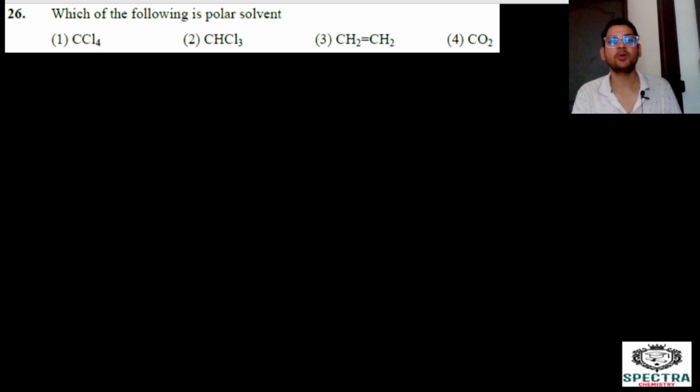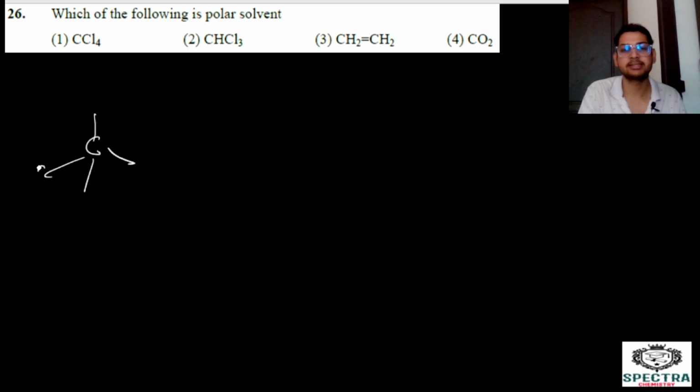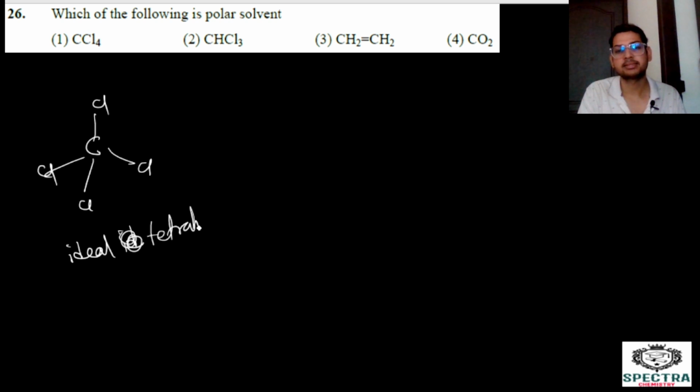Okay sir, then this question is very easy. CCl4 looks like this. It is ideal tetrahedral. Sir, if it is ideal tetrahedral sp3, then all the dipole moments will be cancelled out, mu equal to 0.